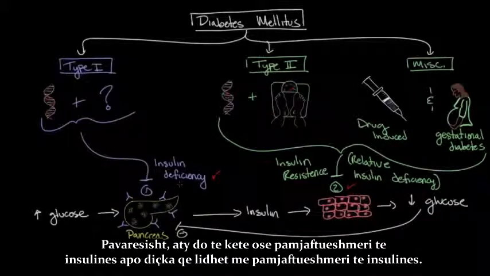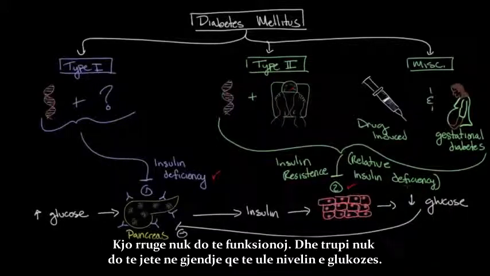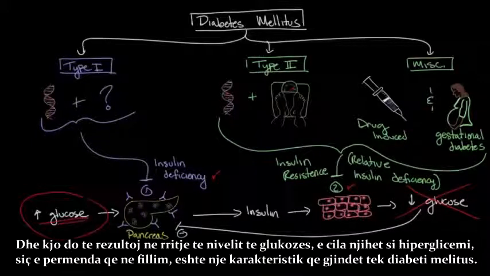Regardless, there's going to be either an insulin deficiency or a relative insulin deficiency, so this pathway will not work, and the body won't be able to decrease glucose levels. This results in an increased level of glucose, which is known as hyperglycemia, which, as I mentioned at the beginning, is the hallmark finding in diabetes mellitus.